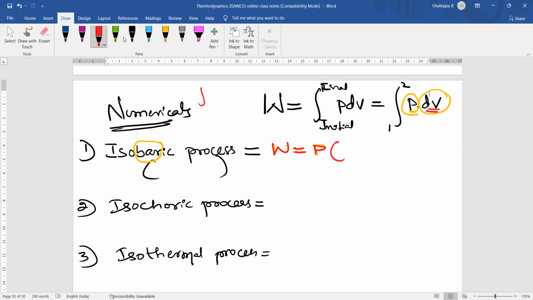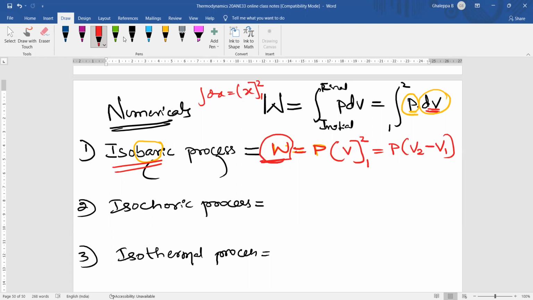What is the integration of dx? It is x. And you substitute upper limit and lower limit, 1 to 2. So here the integration of dV is V. I will substitute lower limit as 1, upper limit as 2. So P into V2 minus V1 is the expression for calculating work done for isobaric process.